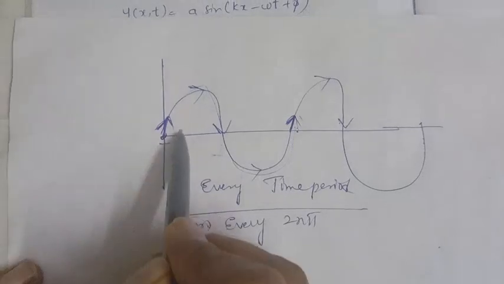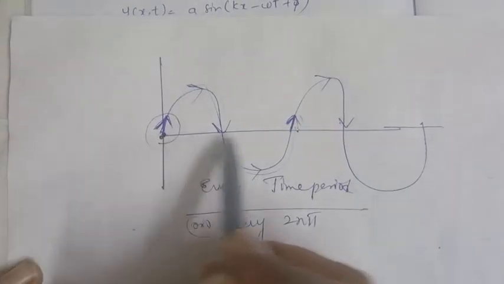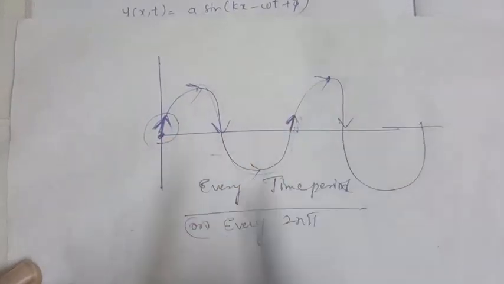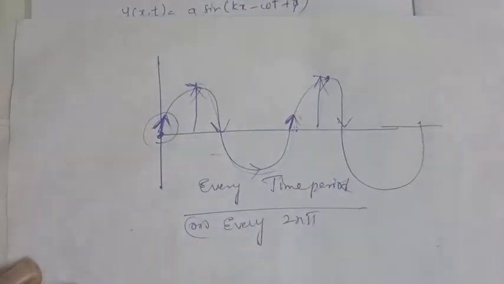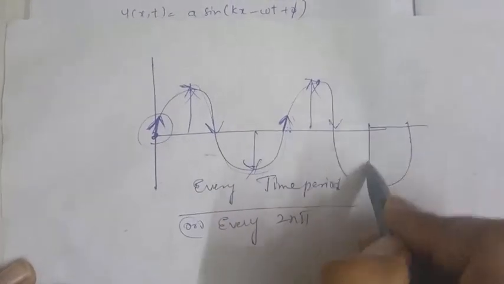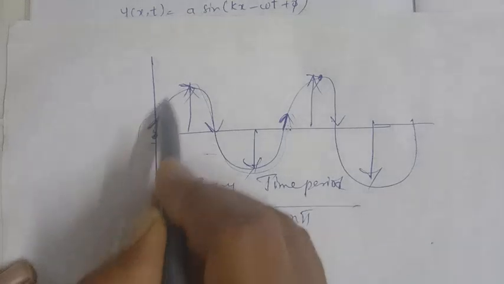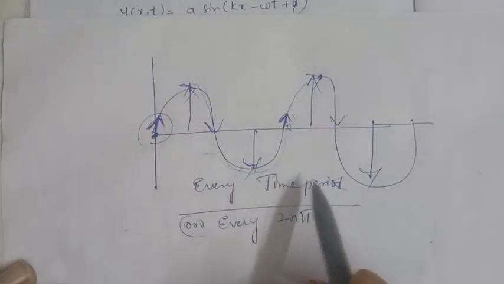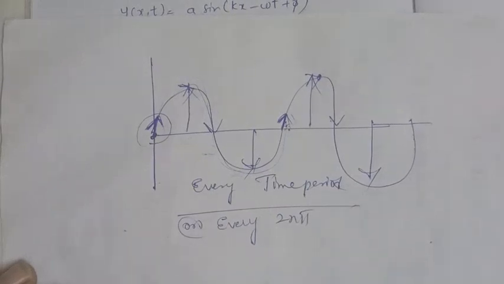The vibrations at this point are the same as here, and the same here. Up to here it is a maximum, the vibration is maximum. For every 2 pi, every wavelength or every time period, every 2n pi, sine repeats its value.